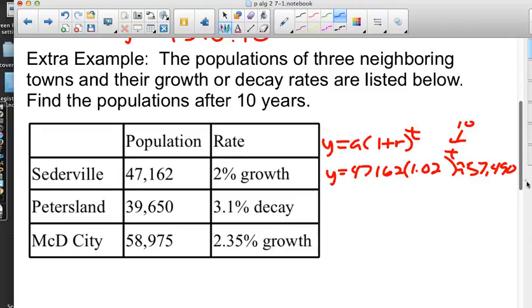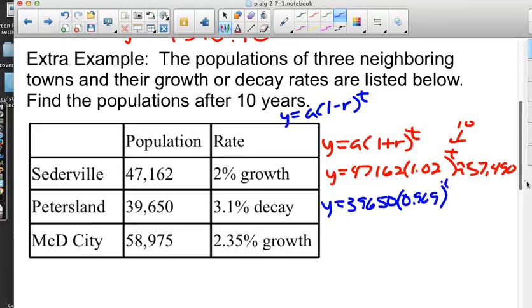Alrighty. Uh-oh. Peter's land is experiencing some decay. So that's going to be y equals a times 1 minus r to the t. 39,650. Anybody punch that one in yet? 1 minus 0.031 is 0.969.